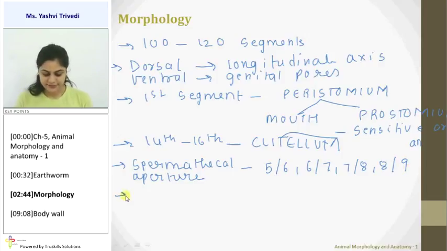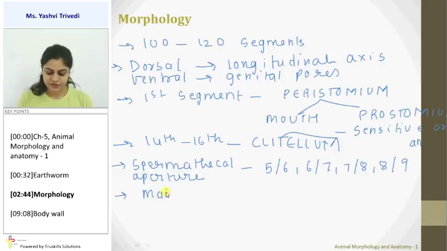Then, as I said, the ventral side of the body can be differentiated by the presence and absence of the genital pores. We know that it is a bisexual animal, which means male and female reproductive organs are there in the same individual.